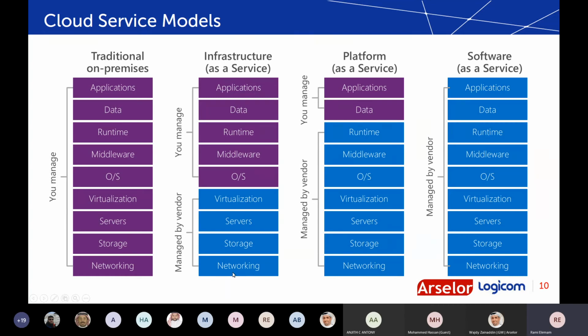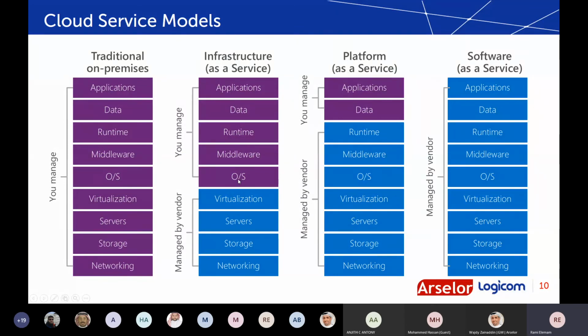The networking, like if it's Cisco, Juniper, something else, Microsoft will manage it. The storage, the server, the virtualization layer, all of those will be the vendor's responsibility. And you have to manage those layers, which are the operating system, the middleware, the runtime, the data, and the application. It will be my responsibility.